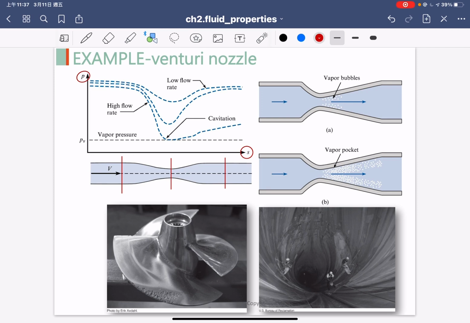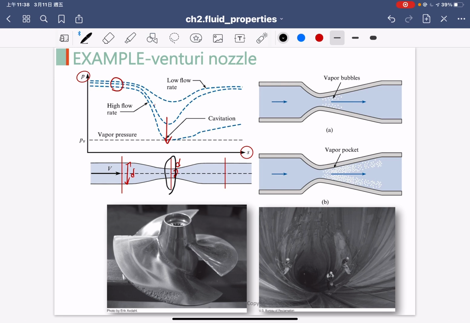You can compare both figures. You know that when the diameter becomes smaller, the pressure will decrease, right? If this is a normal diameter and the pressure is normal, that means at this cross section area the flow speed will be higher, and then the pressure decreases.